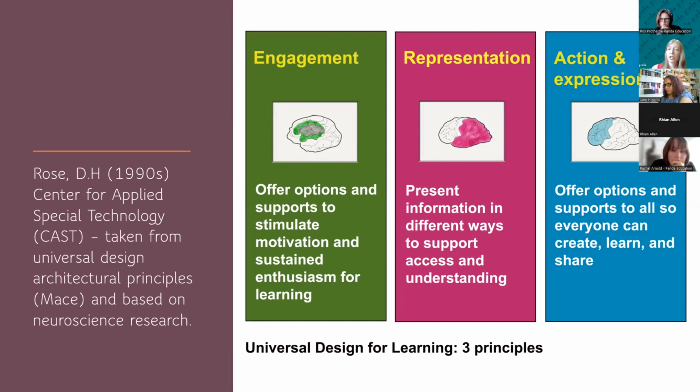And then with action and expression, guess what? It's offering options again. So it's the same principles for each of these three things, so that everyone can create, learn, and share. It's all about the processes that we teach in our courses as well. It's always about removing any potential barriers or any potential for discrimination.